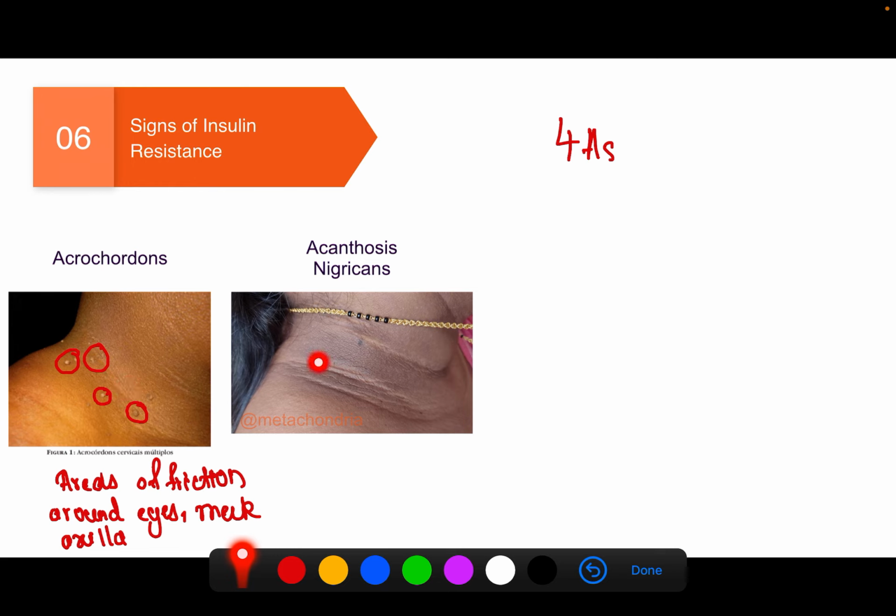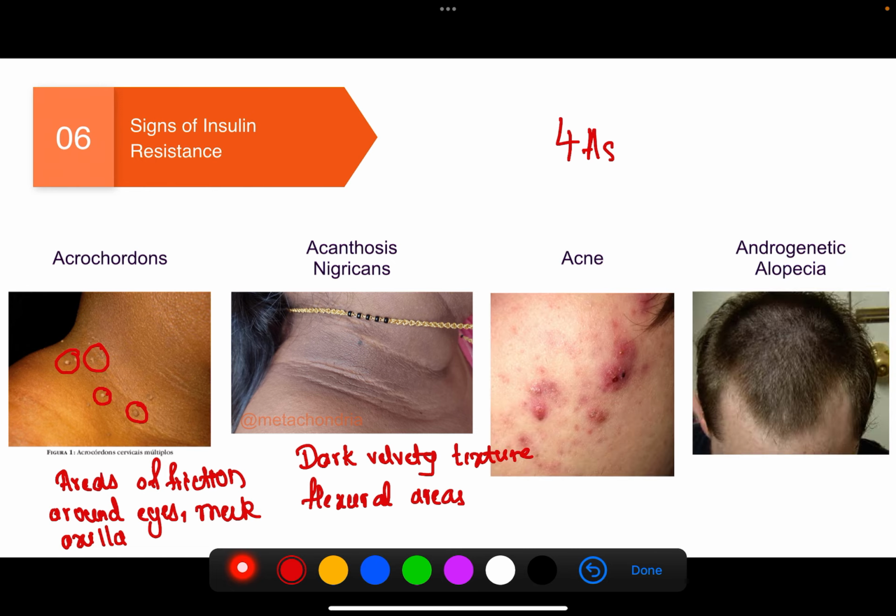Acanthosis nigricans is also present in the flexural areas. Then acne. Apart from that, androgenetic alopecia. These 4 A's: acrocordons, acanthosis nigricans, acne, androgenetic alopecia. These are the signs of insulin resistance.